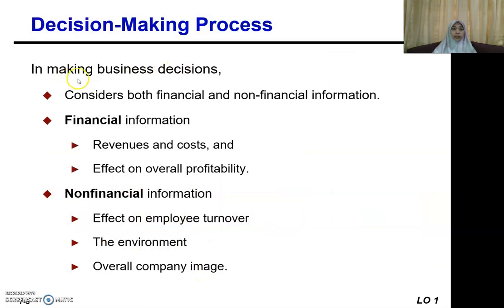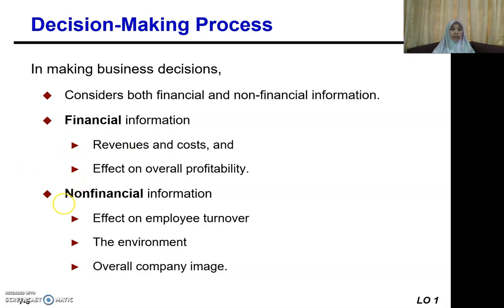Okay. In making these business decisions, we not only need to consider the financial information, but we also need to consider the non-financial information. So in making a business decision, we need to look into both. What is included in the financial information? As you know, things that relate to ringgit and cent, that will be your revenue and your cost.